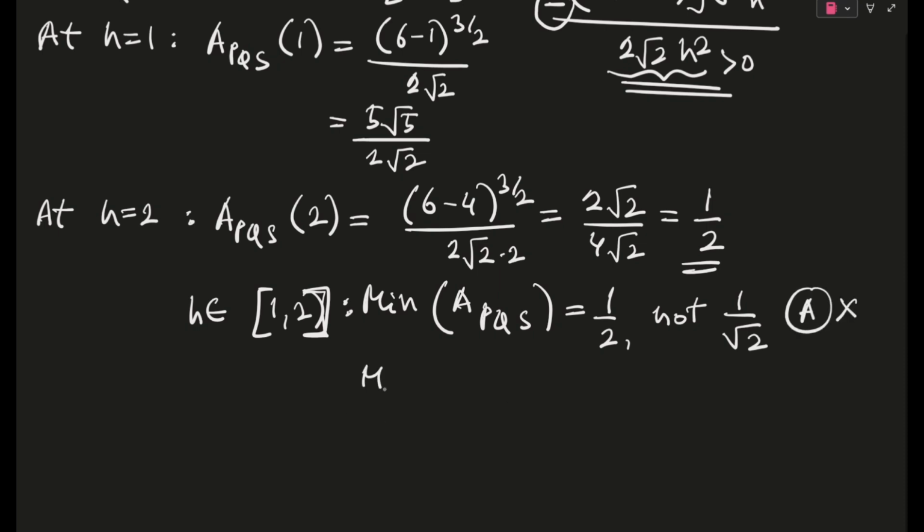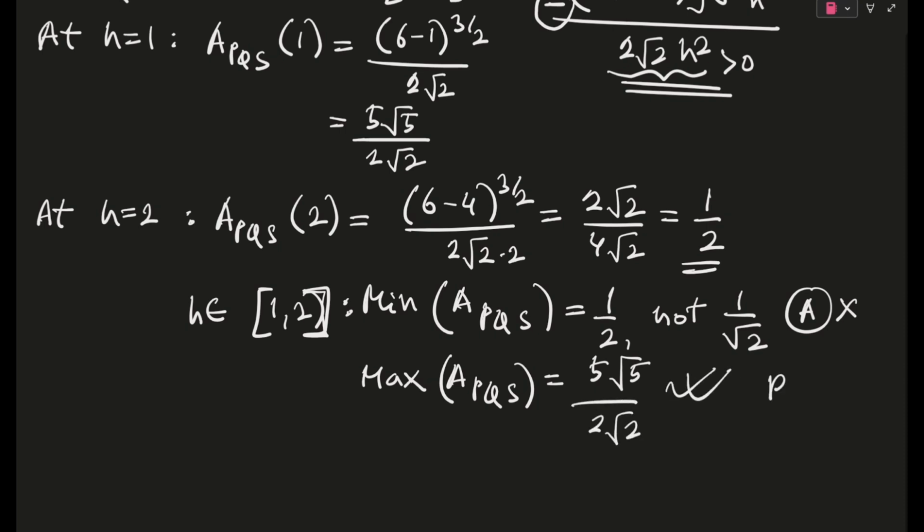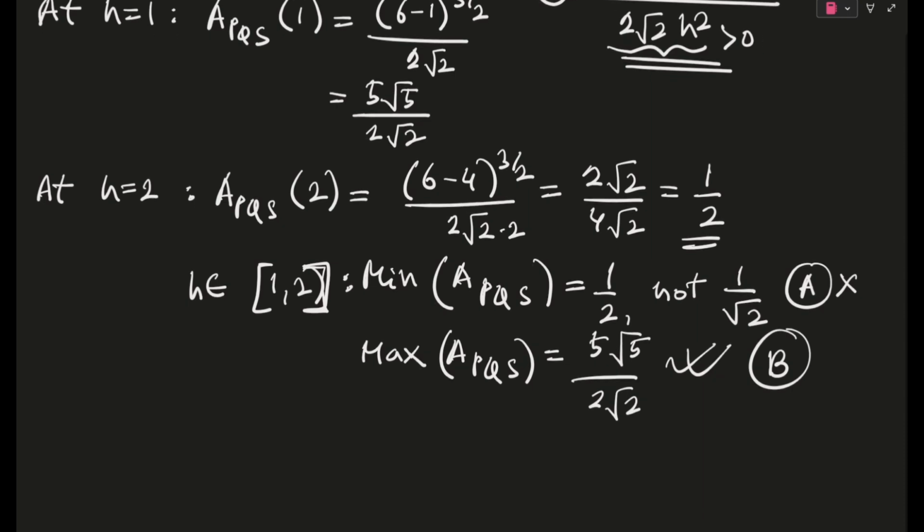And maximum value of area of triangle PQS is equal to 5 root 5 by 2 root 2, which is correct because it was given in option number B. So B is one correct option. Okay, so guys, after this, I guess the job for triangle PQS is done.